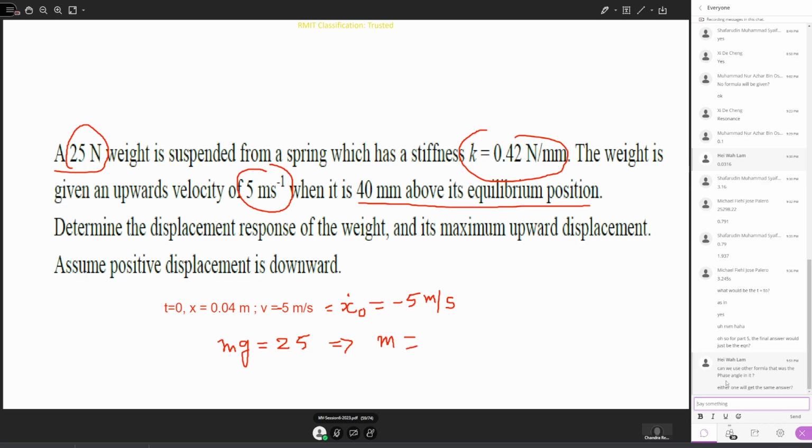K is given as 0.42 newtons per mm, so you can convert into newtons per meter by multiplying with 1000, and you get 420.